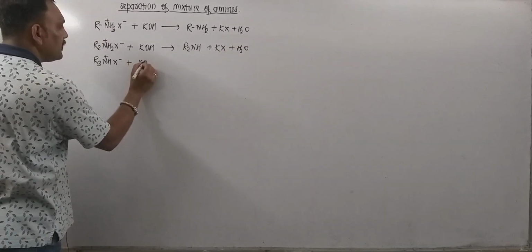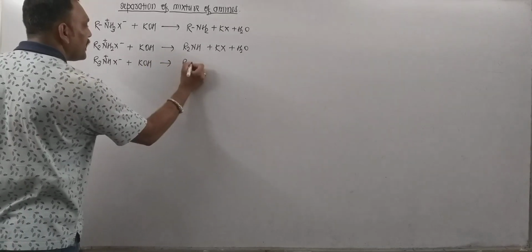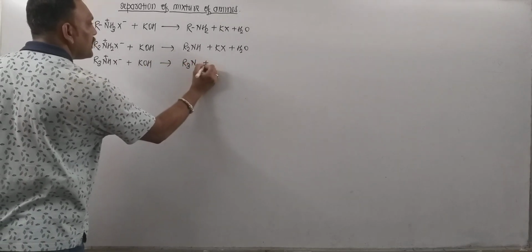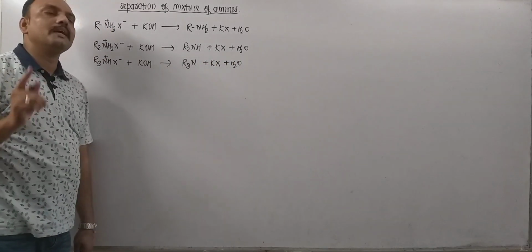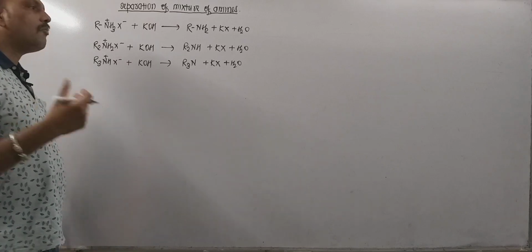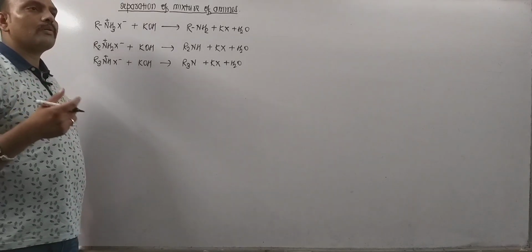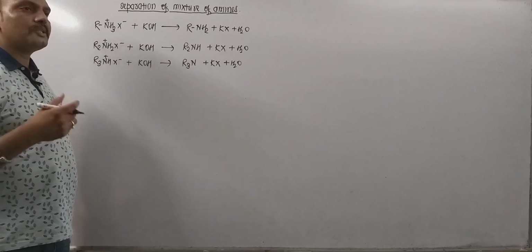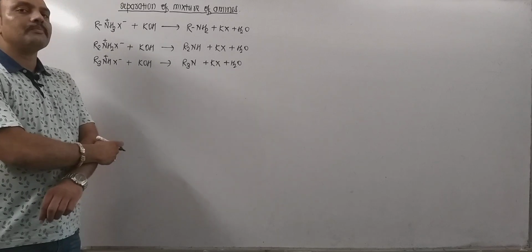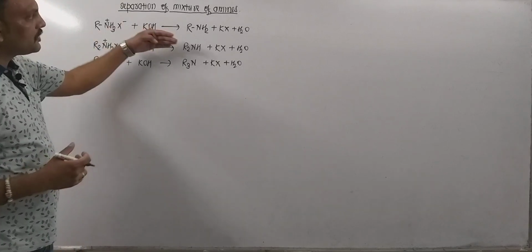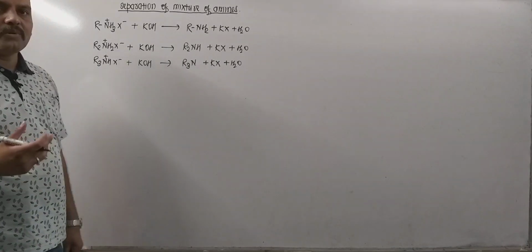The same happens with the trialkyl ammonium halide, producing tertiary amine along with KX and water. Remember, quaternary ammonium salts somehow react with KOH producing tetraalkyl ammonium hydroxides, but most of the quaternary ammonium salt remains unreacted. Thus, these amines can be easily separated from quaternary ammonium salt.